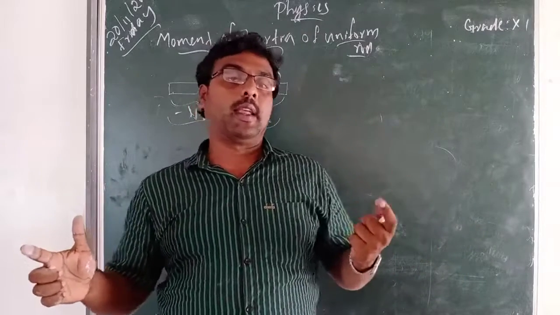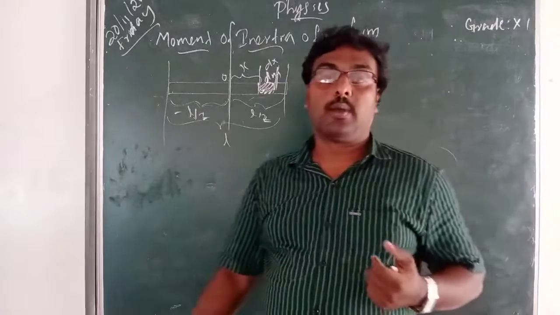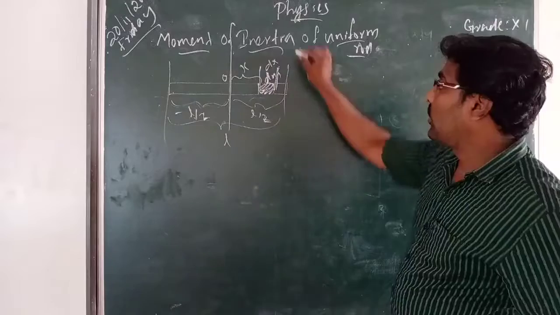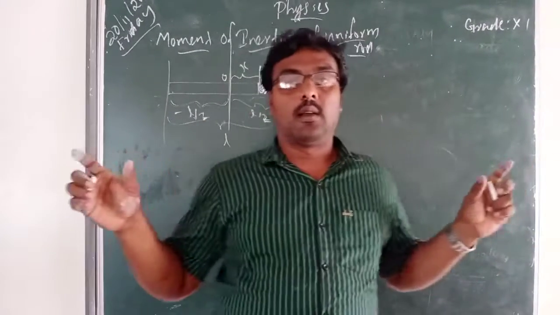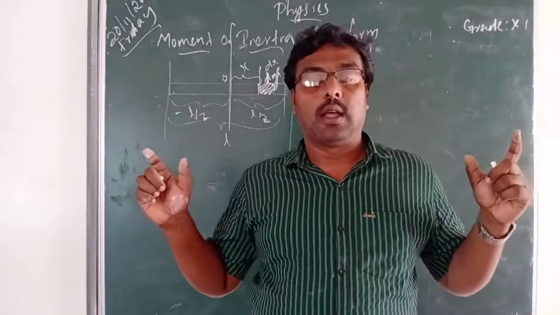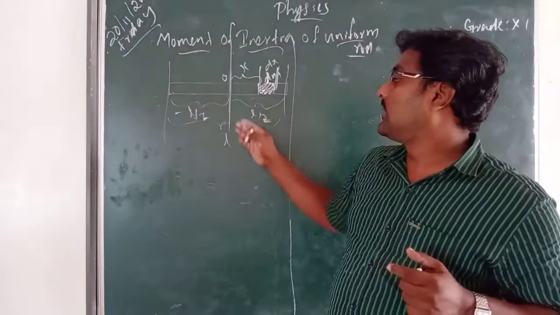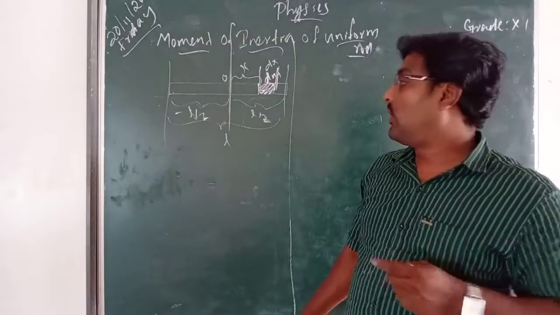Then we integrate to find the moment of inertia of the whole rod. Understand now? So first, what do you have to do? We have to take a rod of length L, and choose a coordinate system with the line passing through its center of mass.